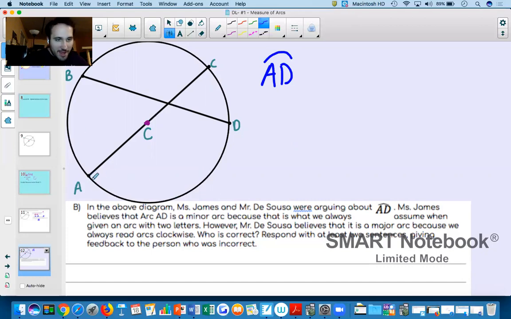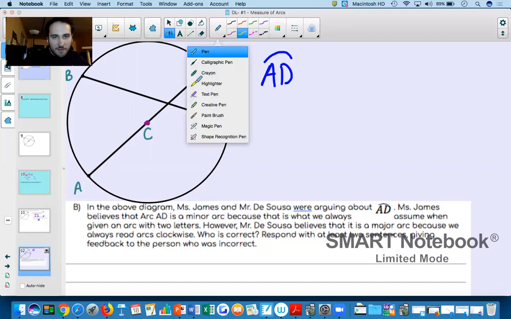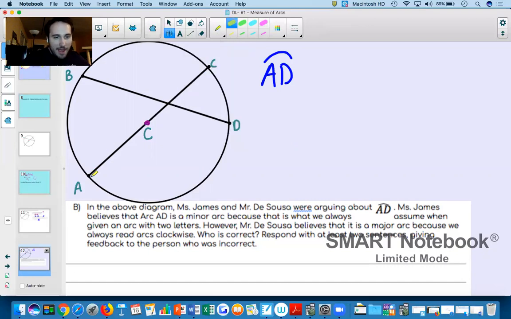So this arc, A to D, could be looked at, let me outline this for you. You can see A to D from here, or you can see A all the way around to here, okay? This yellow one that I just drew is a major arc.